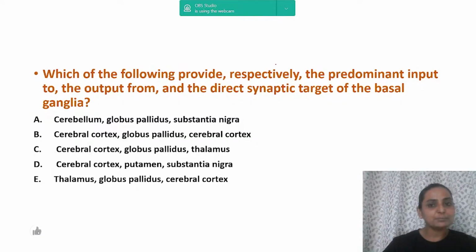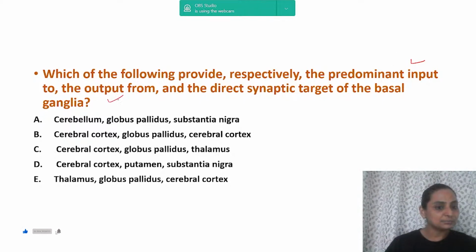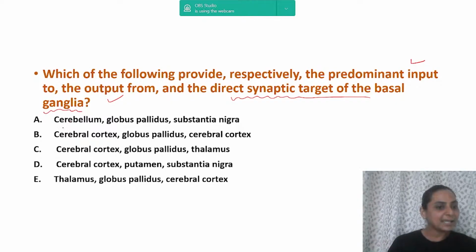Which of the following provides the predominant input to the basal ganglia, which is the output from the basal ganglia, and which is the direct synaptic target of the basal ganglia? Yes, anyone can answer? A, B, C, D or E?